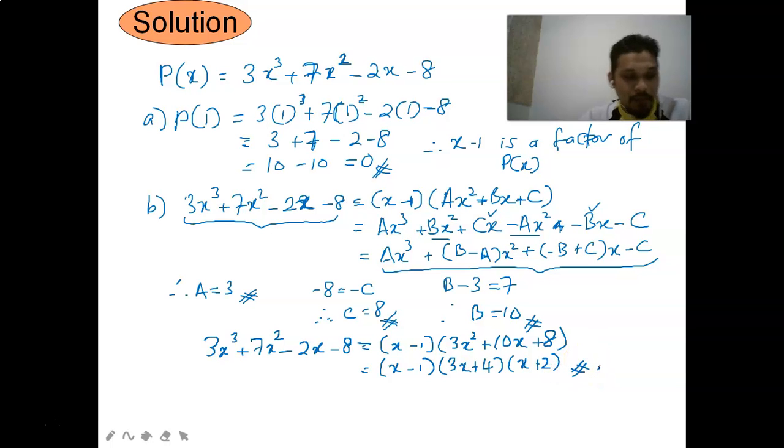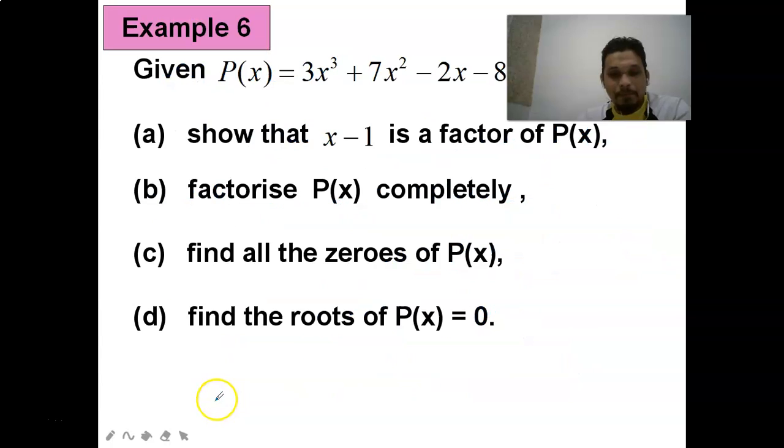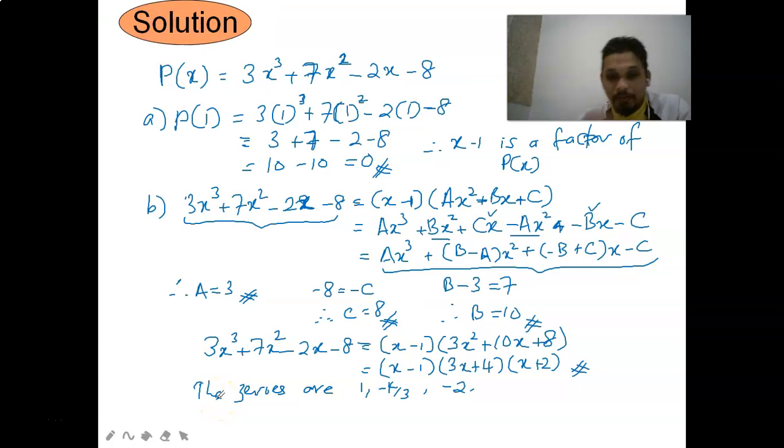So from here, the zeros are 1, negative 4 over 3, and negative 2. And look at the question then. Find all the zeros and find all the roots of P(x).